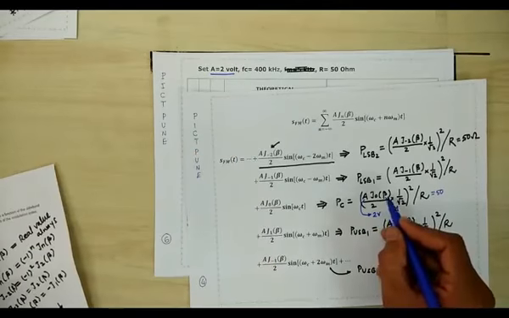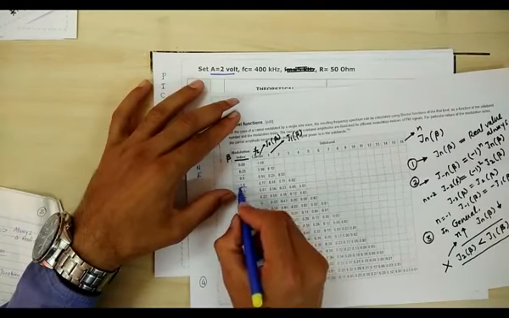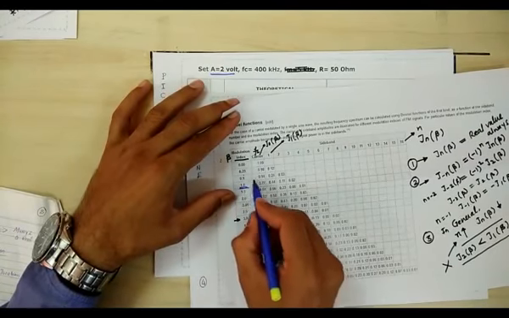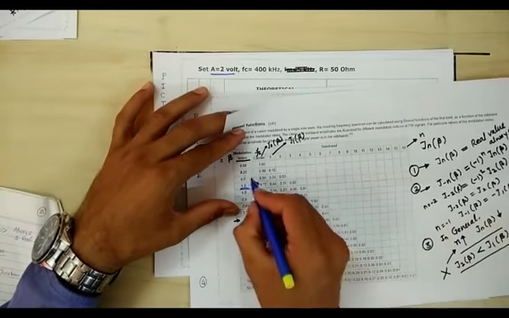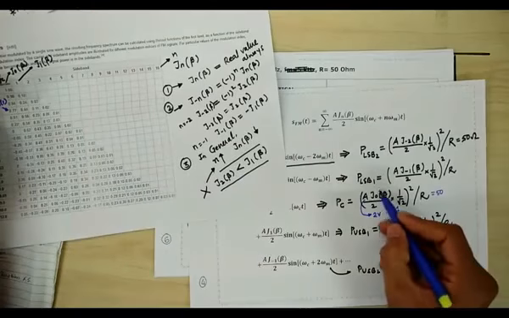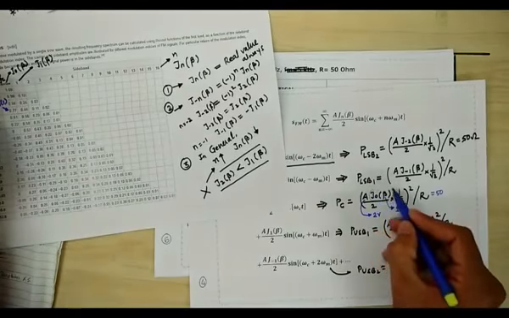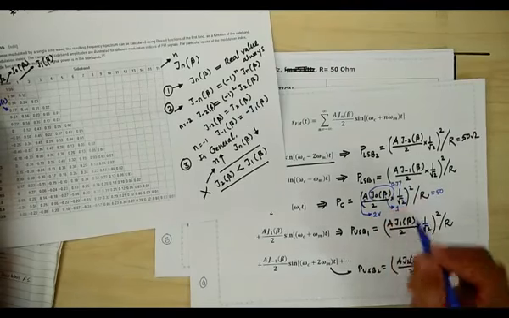So we have to read this value from the table. Let us see where beta equals 1. So this is my beta equal to 1, and we read the first value, that is J0 of 1. This is 0.77.